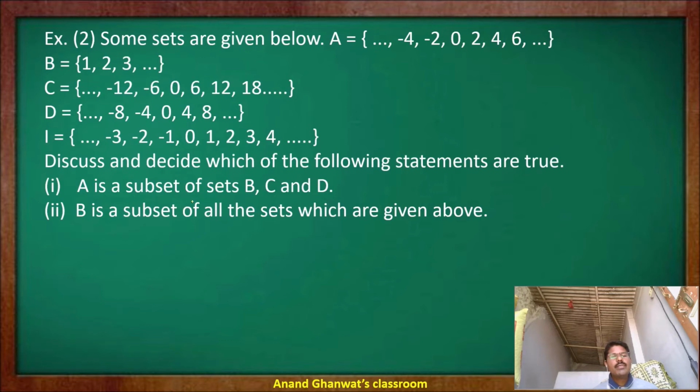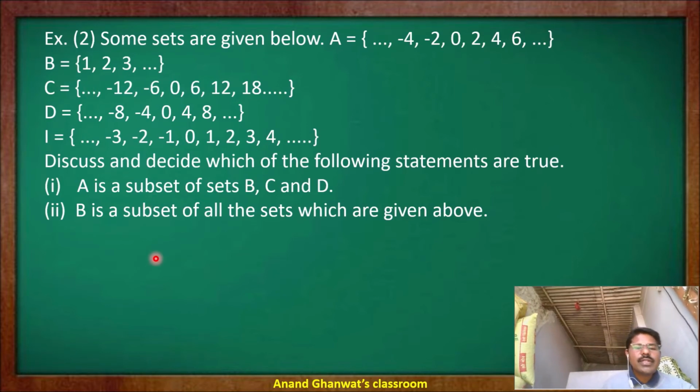A is a subset of sets B, C and D. Now let us check whether A is a subset of B, C and D. For that we must check if each element of set A is present in set B, set C and set D. So let us check first whether the elements of A are present in set B. So element -4 is not present in set B. Therefore A is not a subset of set B.